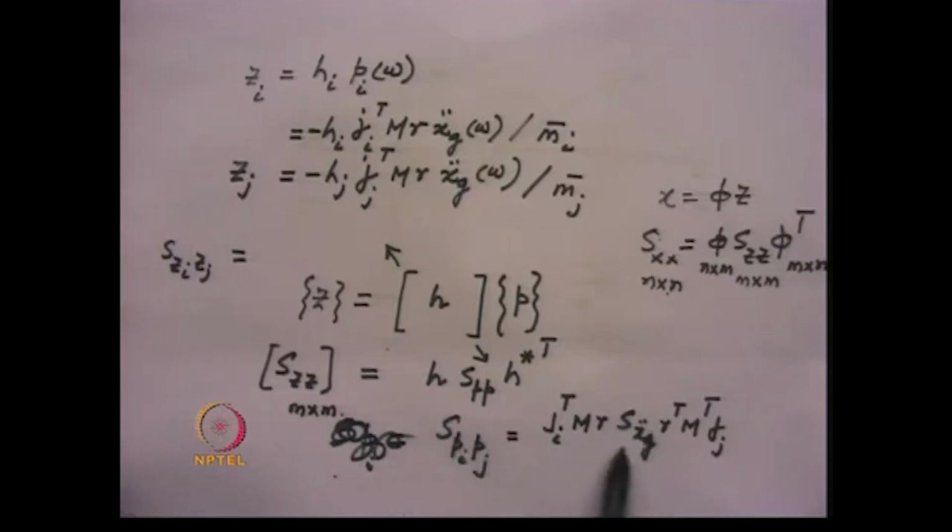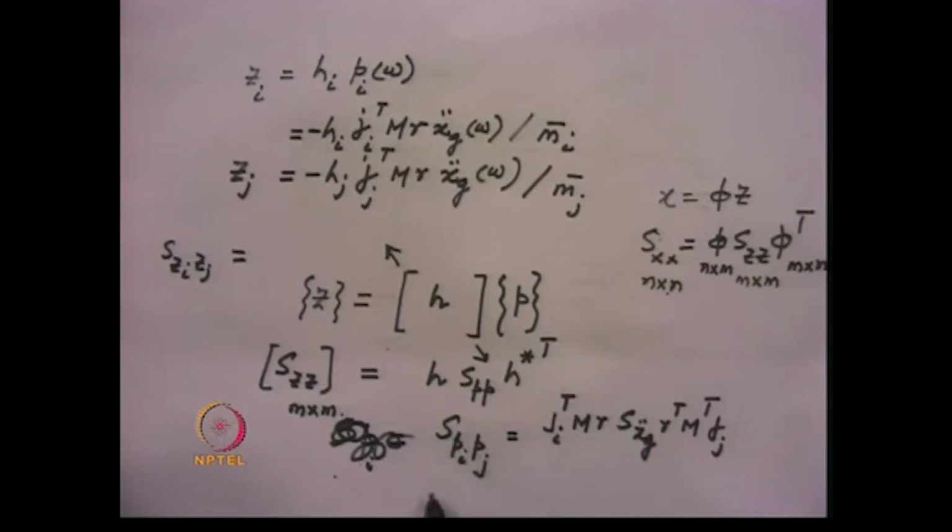Mind you, S_xg double dot here is again a matrix of the power spectral density function of ground acceleration, which again requires determination of the cross power spectral density function terms, which come from the coherence function.